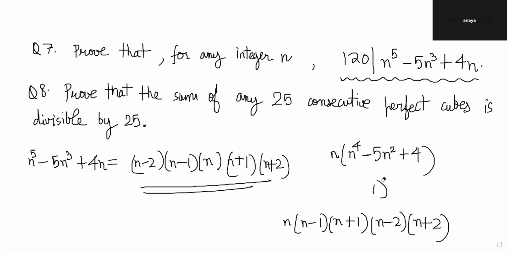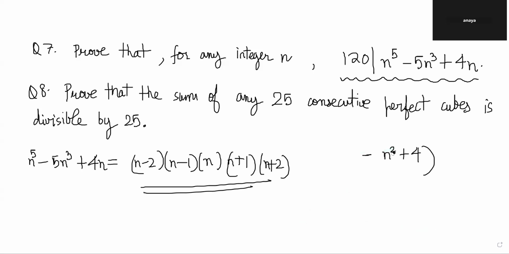And then because they're consecutive, you know you have a 2. Because n minus 2 times n minus 1 are consecutive, so that's a 2.